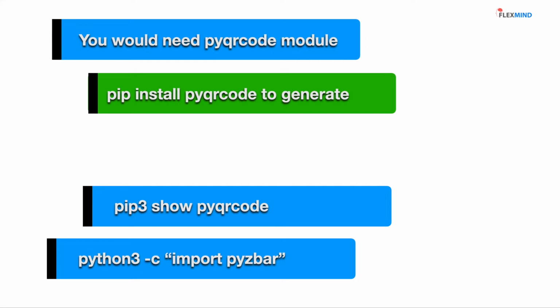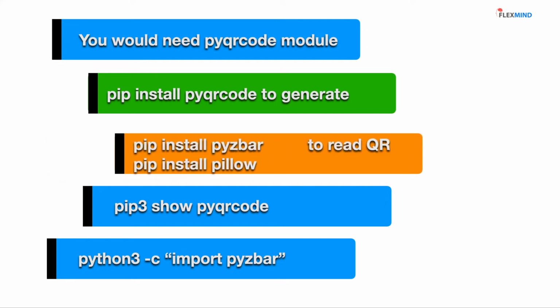PyQRCode is to generate the code. You would need PyZBar and Pillow to read the QR code. PyZBar is to decode that QR code, and Pillow is to get that image to decode it. So for generating the QR, you would need PyQRCode, and to read it, you would need PyZBar and Pillow.